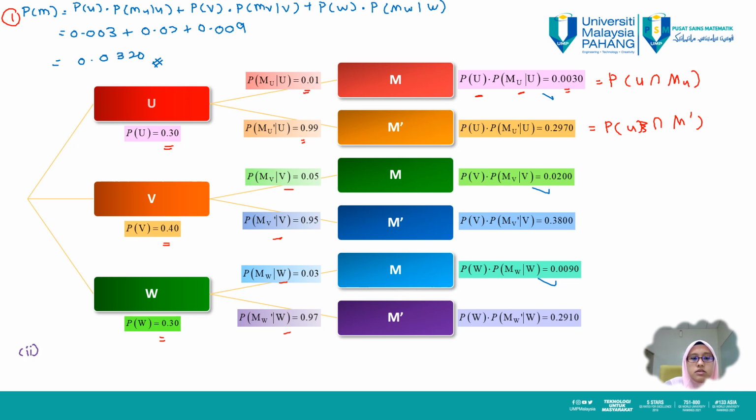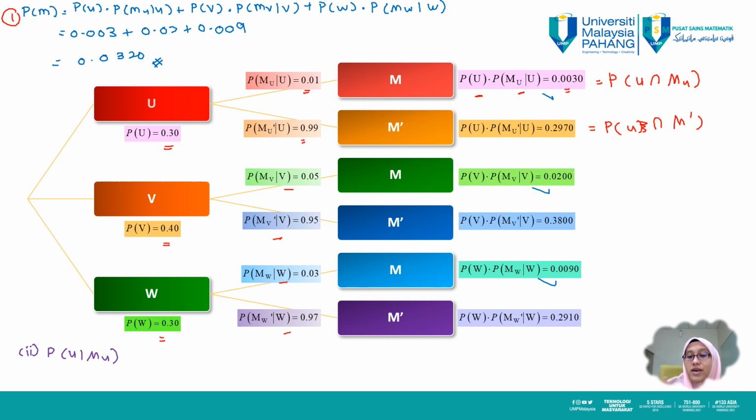The second question asks us to find the probability for U given M. If we refer to our tree diagram, there is no U given M. The things that we have are M given U, M given V, M given W. So how to find U given M?